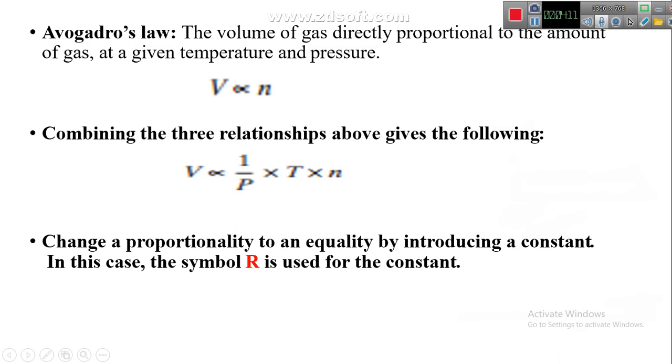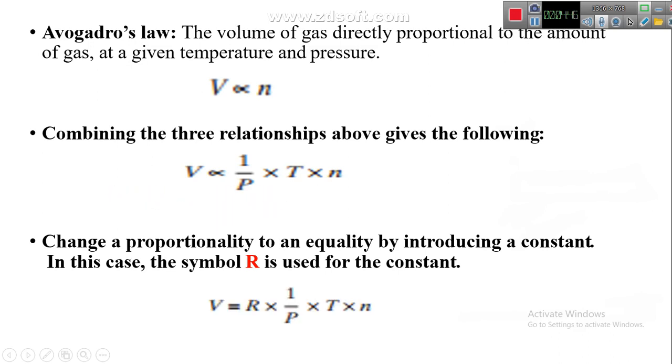By introducing a constant, symbolized by capital R, not small. Look, P is capital, T is capital, but n is small.